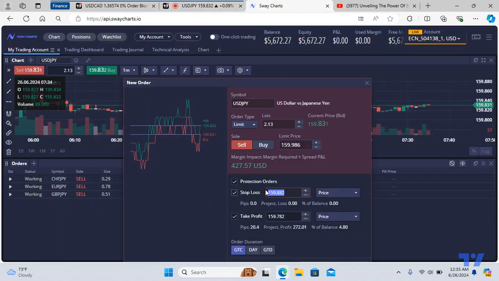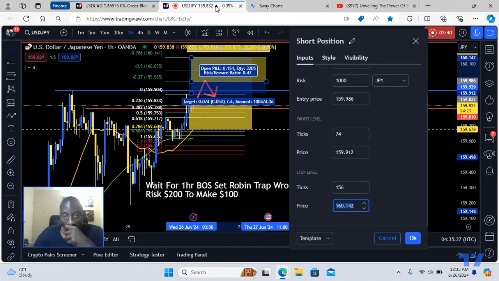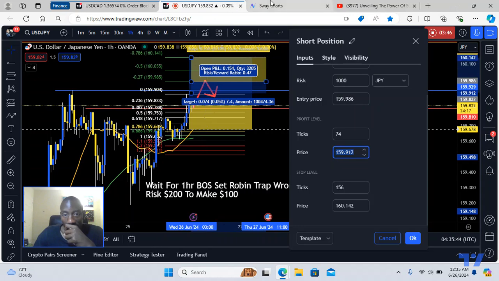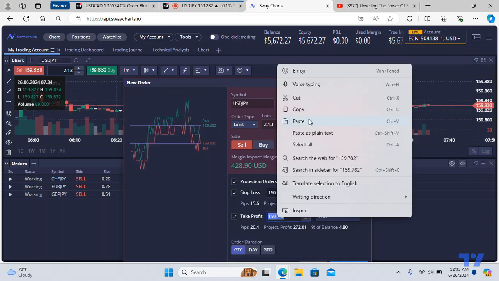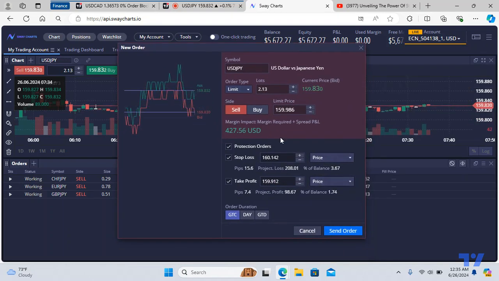So all copy and paste. Then I got my TP, which is my target. Let me place that there, right? So everything is placed.